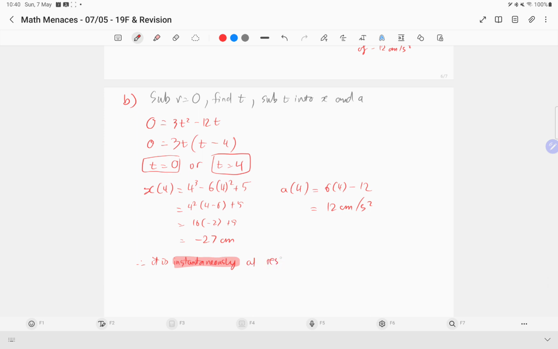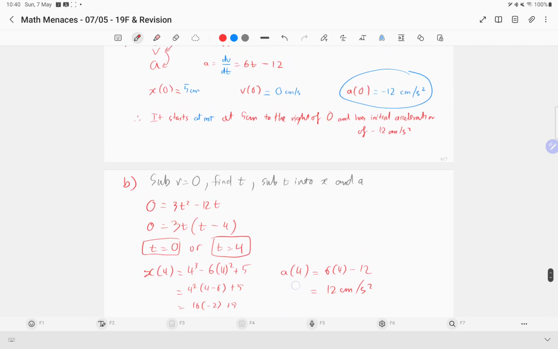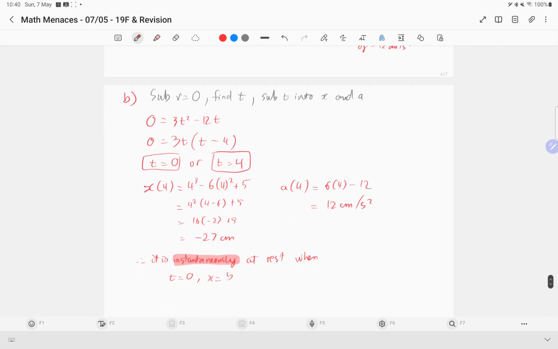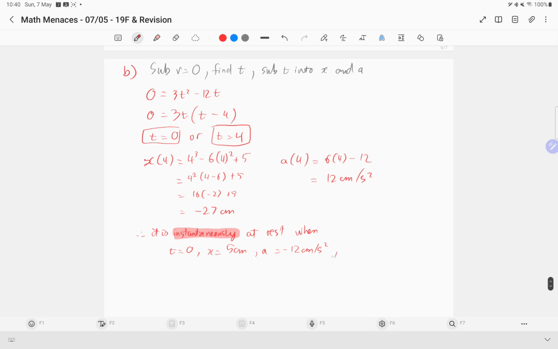Right, at rest when. So the first answer is t equals 0, x equals, I think, 5 centimeters, and then acceleration is negative 12 centimeters per second squared. And then also at t equals 4, the x value is negative 27 centimeters.